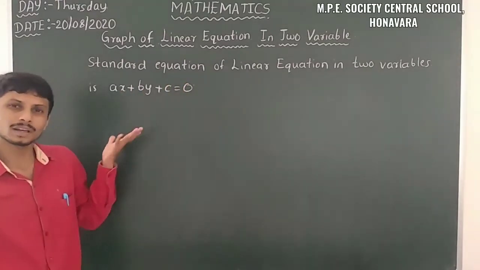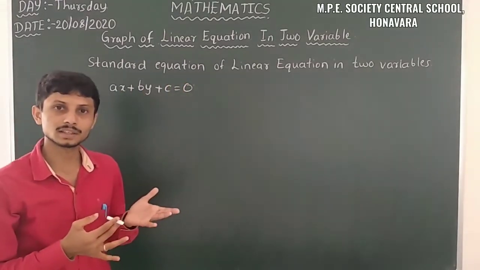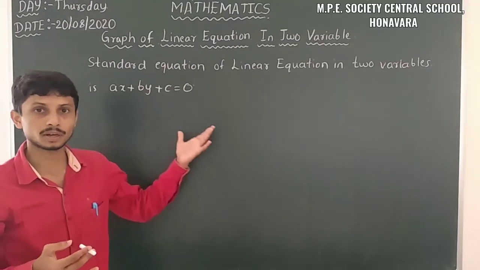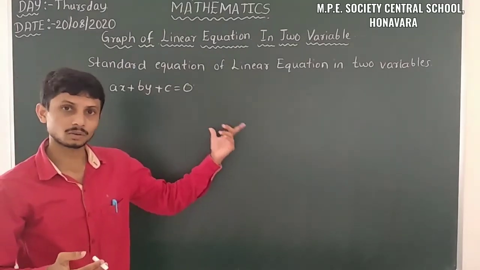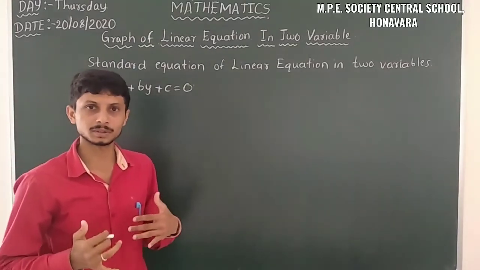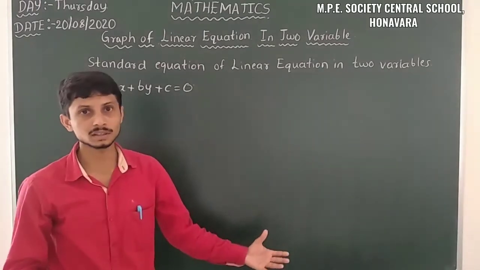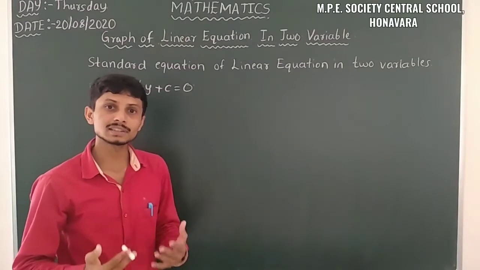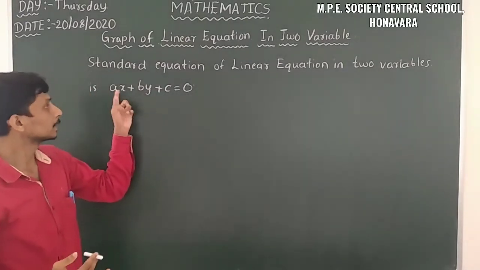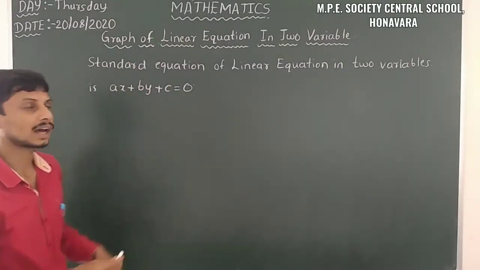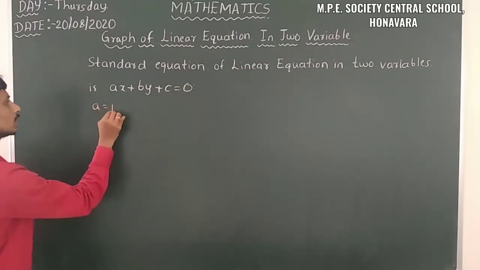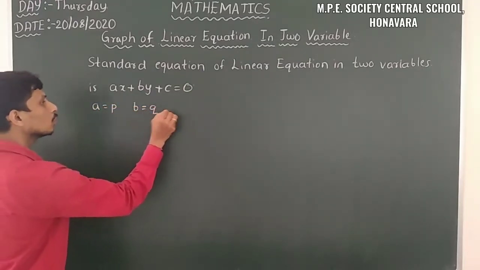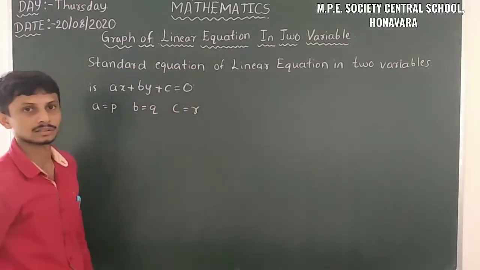For my convenience I will change the coefficients of x and y to p and q and the constant term to r. That means a is equal to p, b is equal to q and c is equal to r.